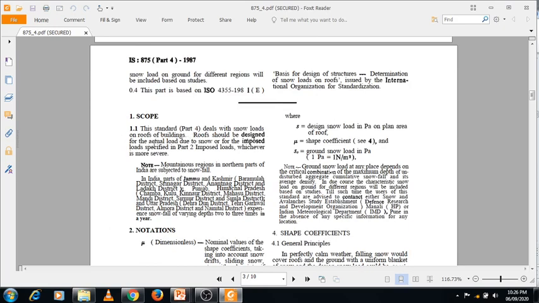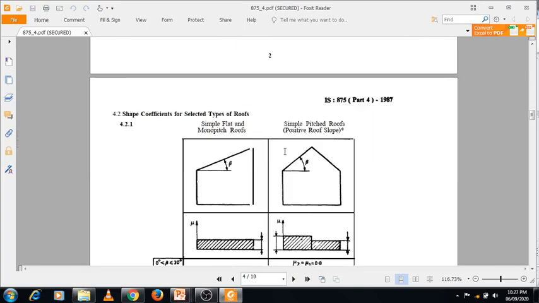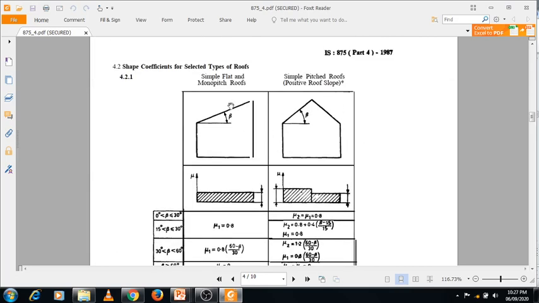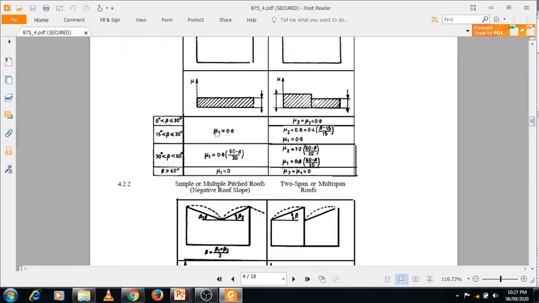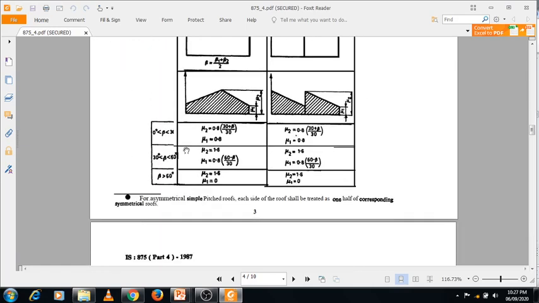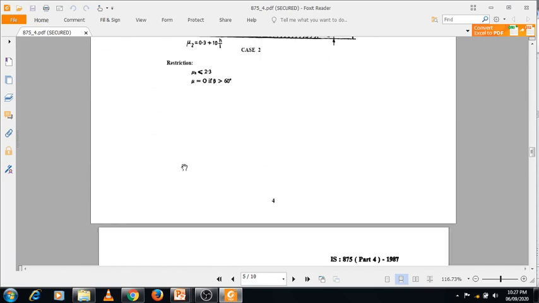Roofs should be designed for the actual load due to snow or for the imposed load specified in Part 2, whichever is more severe. Here you can see the different roofs, flat roofs, given. Pitched roof is given, and for that the different specifications are given in this IS code.